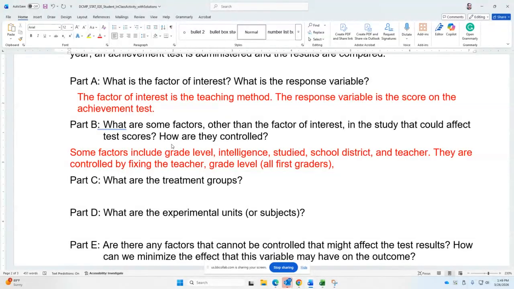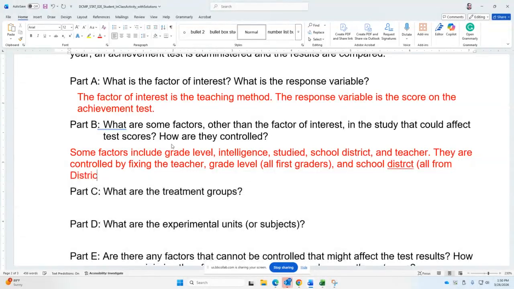I don't know what grade level, so I'm assuming this is a K through 12. So we're going to control that by making sure we only get these teachers in one grade level. And then maybe also school district, right? We're all from district 75104.